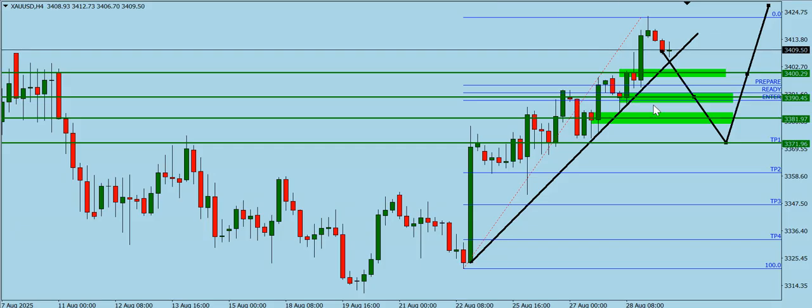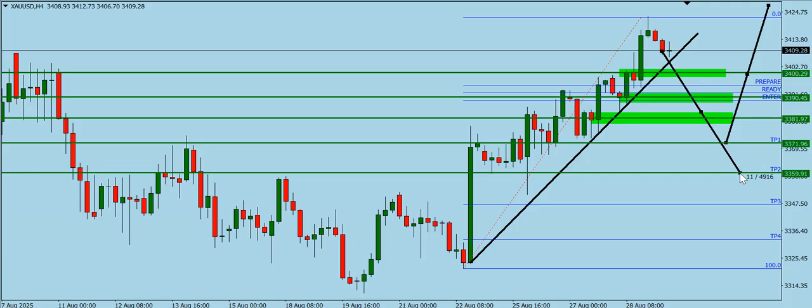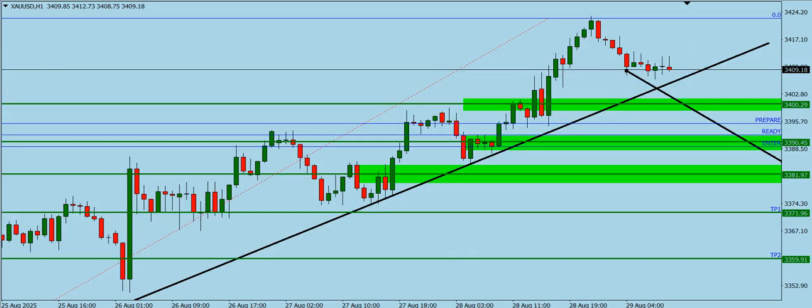So we have the 50% Fibonacci level at 3371.9, and then we have the 618, which is most likely the last stop at the 3359 level, where we expect enough selling from the sellers, and then the buyers to take over and continue to push price up. So that's that for the 4-hour time frame.